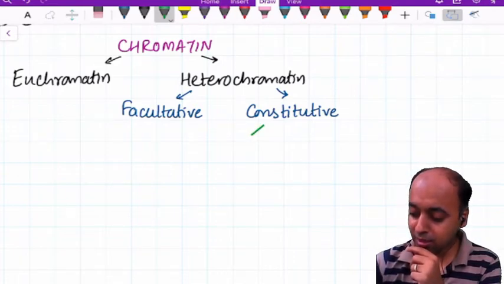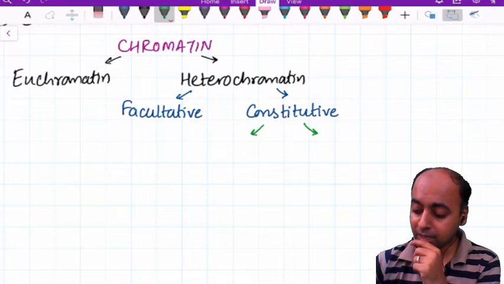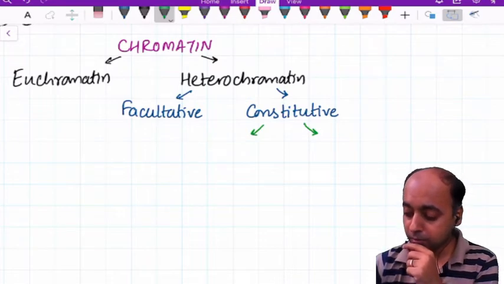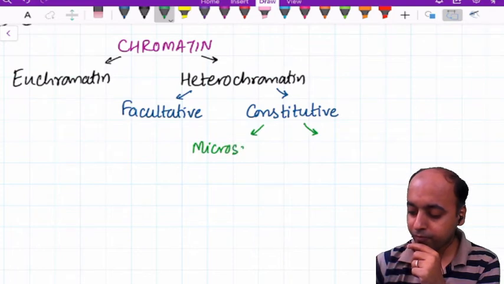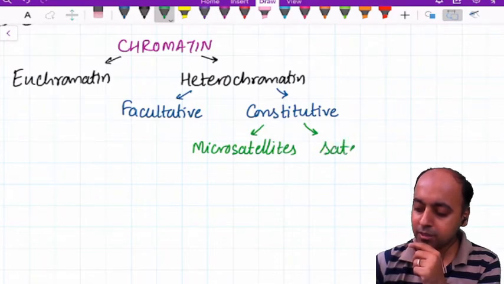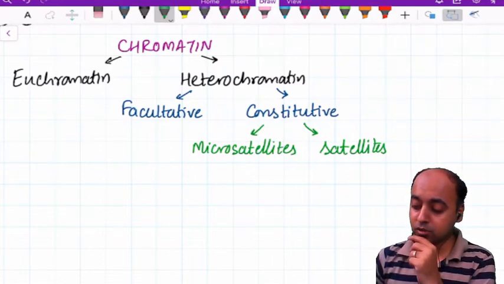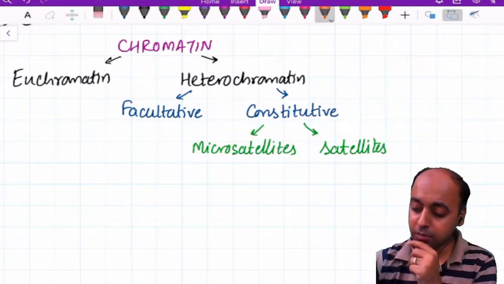Based on the banding pattern, the constitutive heterochromatin can be microsatellites or they can be satellites. We'll talk about it, don't worry.